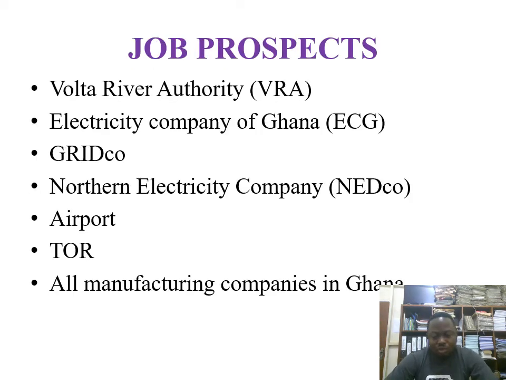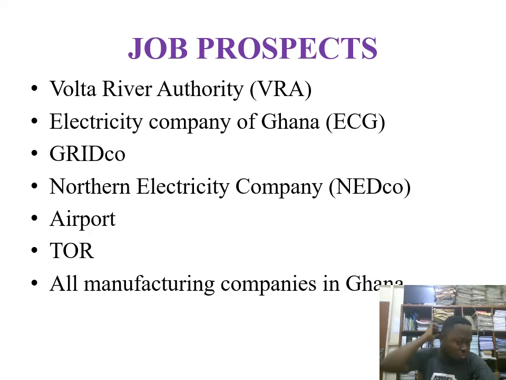After the student has gone through all 4 modules successfully, the student becomes competent and capable to work in many industries and factories. An example is the Volta River Authority. In Ghana, the company responsible for power generation is the VRA. And remember, we mentioned that power generation is one of the sectors in power systems engineering.